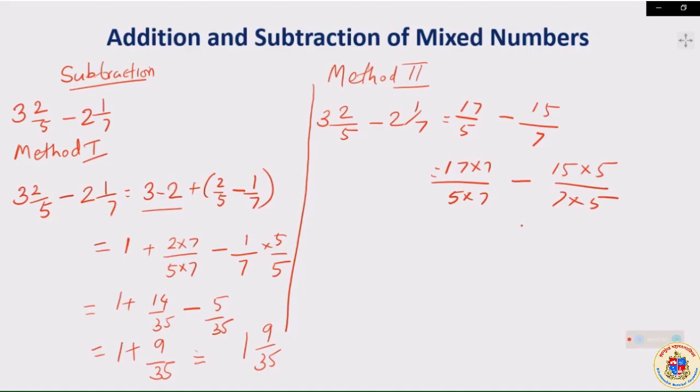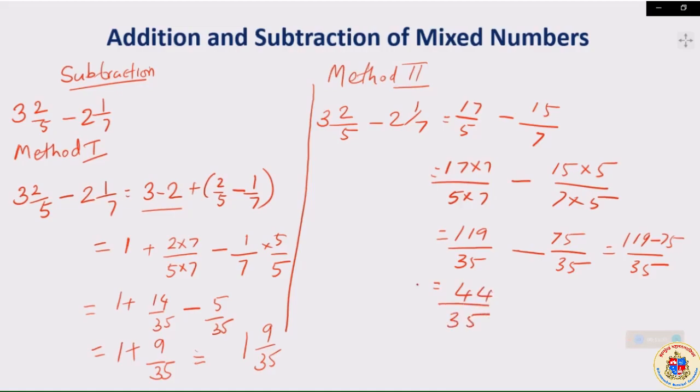You will be getting 17 into 7, which is equal to 119, and 15 into 5 is 75 upon 35, and we'll subtract 119 minus 75 upon 35, which is equal to 44 upon 35.